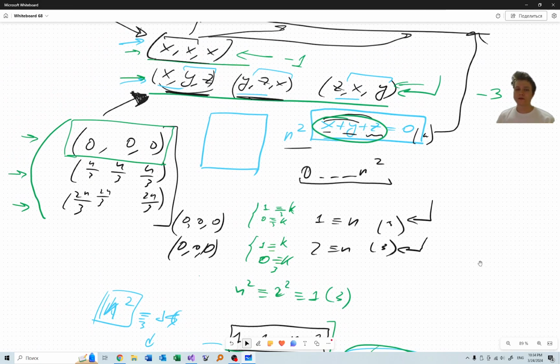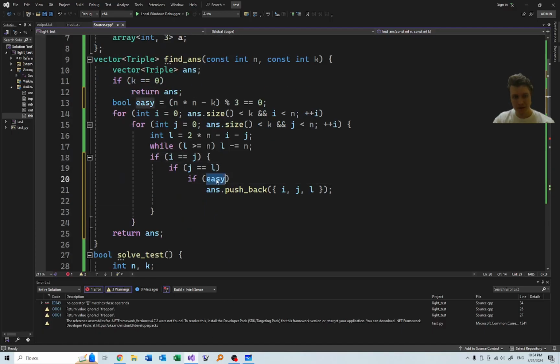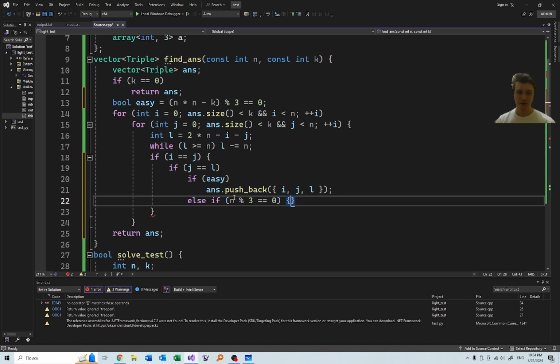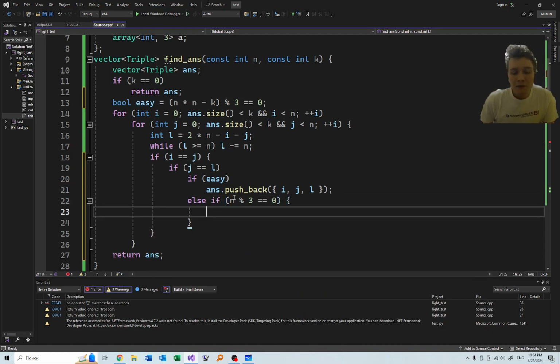Okay, it's easy to explain when we take 0, 0, 0. We take 0, 0, 0 in two situations. Either when 3 divides n, and we always take 0, 0, 0. Actually, if n percent 3 is 0, what do we do? We need to take it.